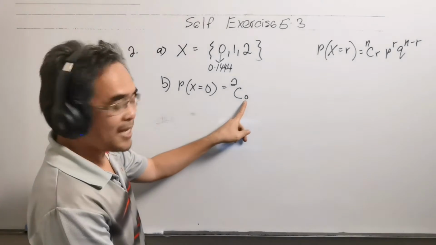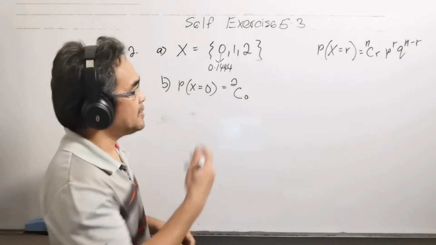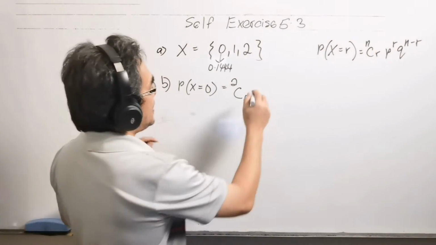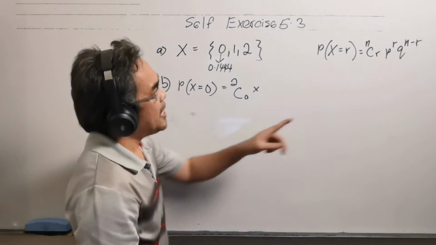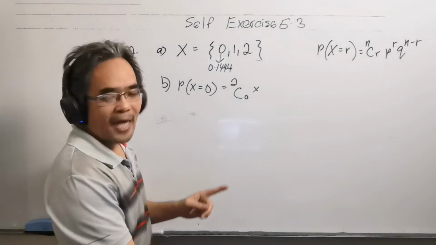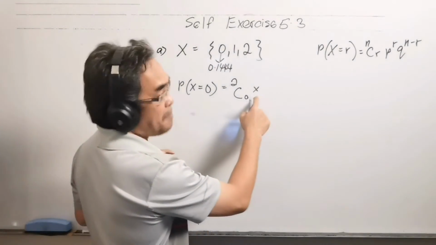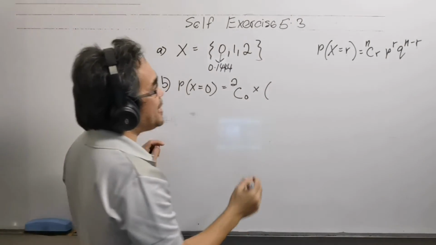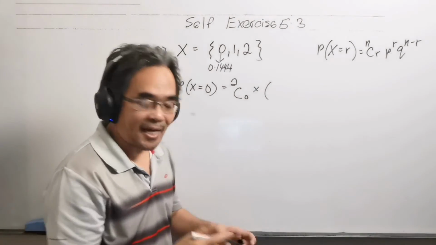The value of r is the value of the discrete random variable. Then you multiply. Even though there is no multiplication here, I found that sometimes I got math error if I don't put the multiplication. Then I have to put p, the probability of success.